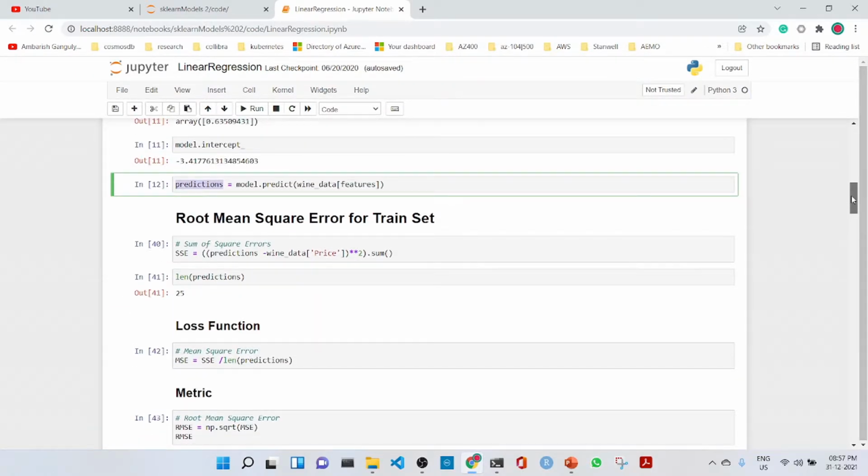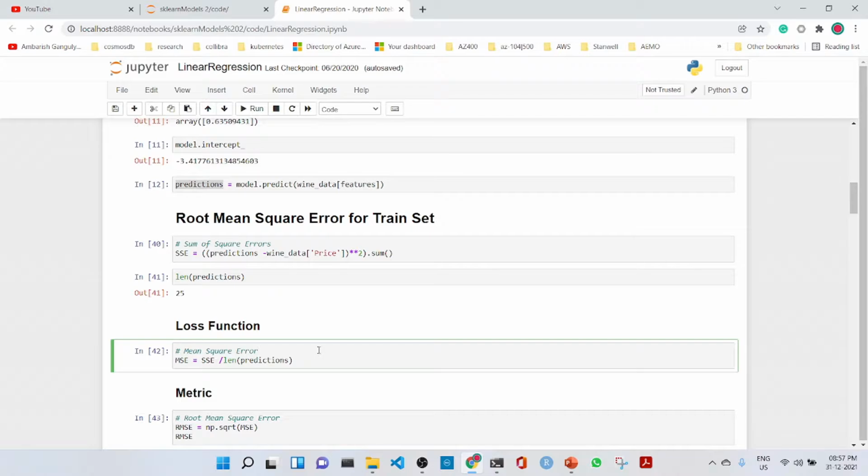So the root mean square error for the train set: it is the predictions minus the wine data price, and we square it and then we sum it. The loss function is the MSE, that is SSE divided by the number of observations, that is the mean square error.